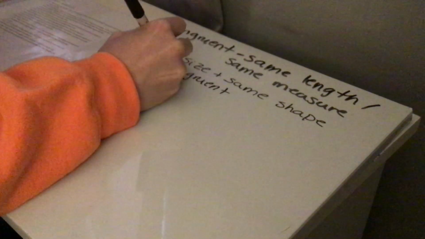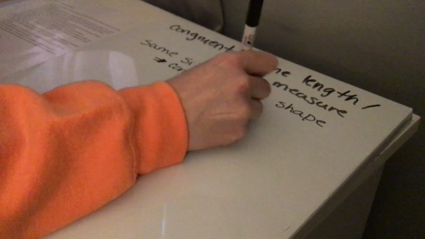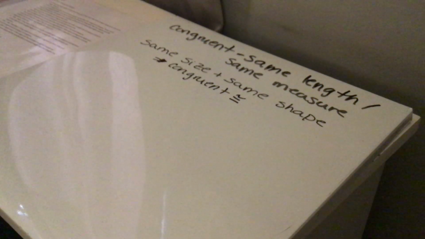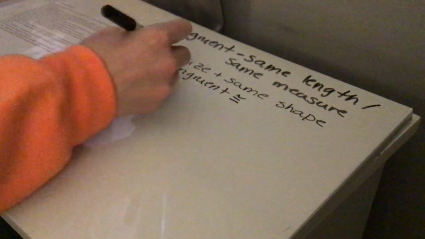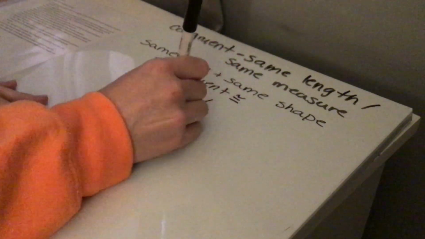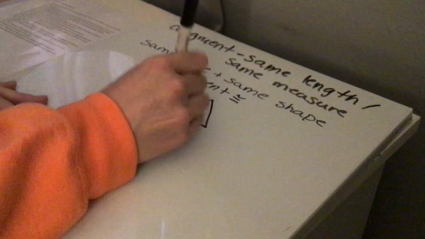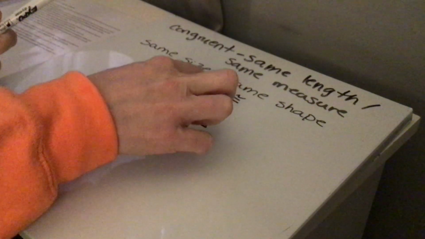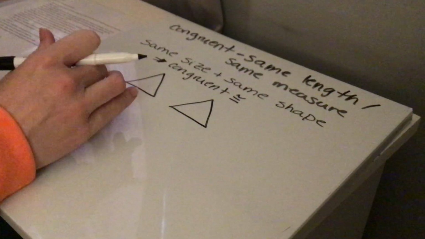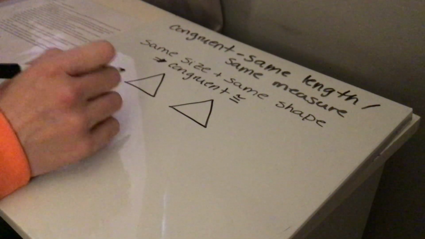And then we have a little symbol for congruent, which is an equal sign with a squiggly line above it, okay? So that means that I have one triangle here and another triangle here. We're going to say they're congruent. I could cut this one out and lay it on top of this one, and they're going to match up perfectly, okay?